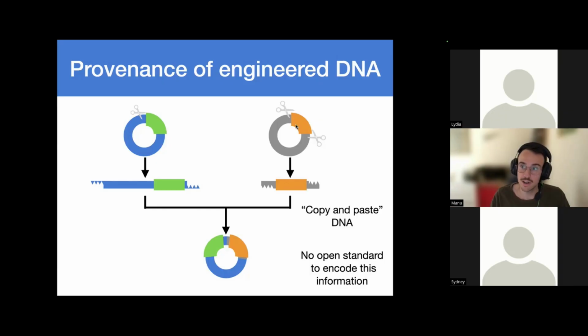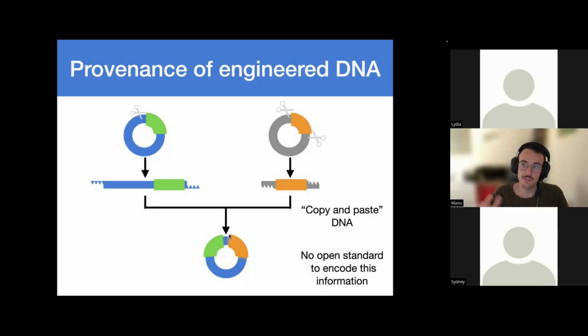Researchers have access to tools that can, for example, cut DNA at particular places, so they can cut fragments of sequences and then join them together to make a new sequence. There are many ways to do this, with different techniques, but ultimately it all comes down to combining existing DNA fragments to generate new ones.